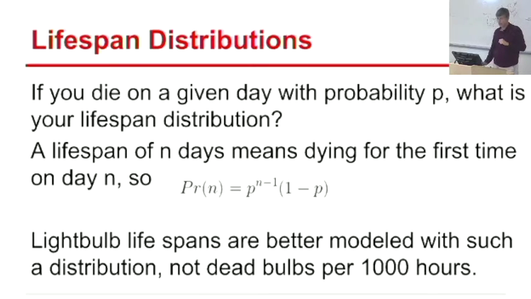This is another way of looking at lifespans. This is the probability of a particular lifespan happening. It is the probability that there was a gap between burnouts of exactly n minus 1 days. So this is clearly related to the binomial model, but the results are a little bit different.